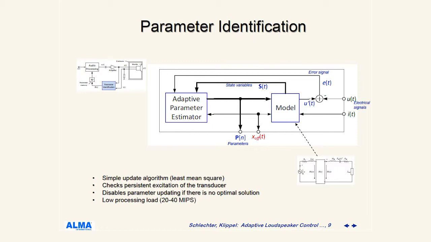So if the signal is poor, for instance, it's just a pure sinus signal, we cannot update all parameters of the loudspeaker. We need to check for a persistent excitation and maybe just only update one parameter like the voice coil offset and not try to identify nonlinear curve shapes at the same time.